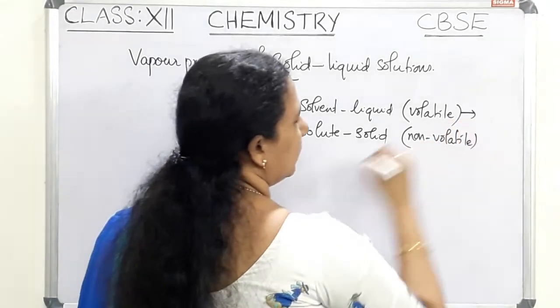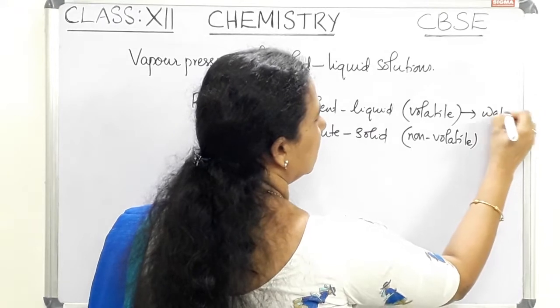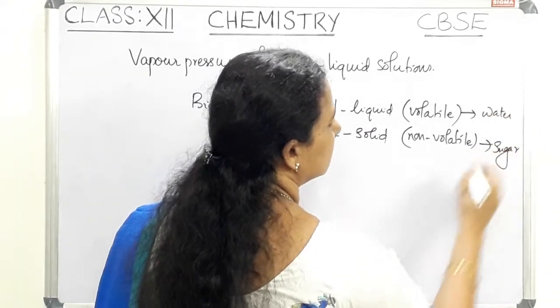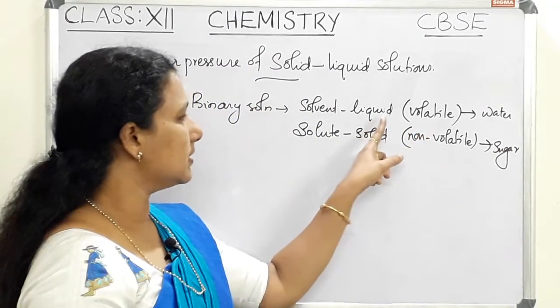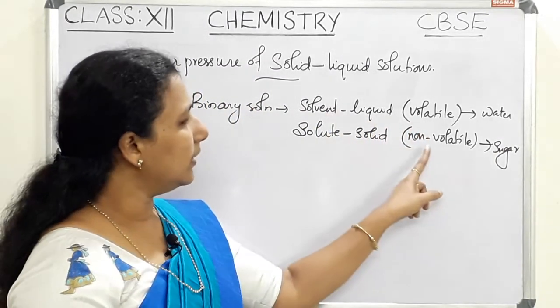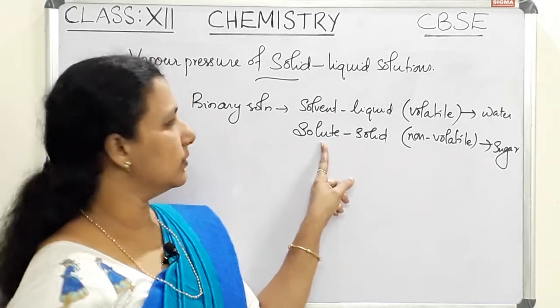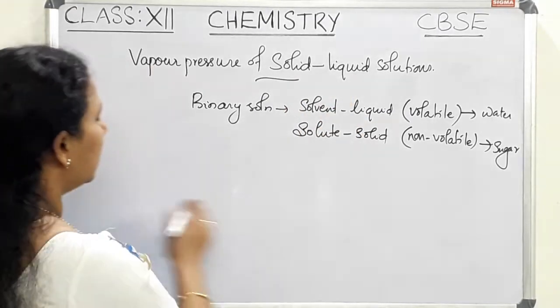For example, this solvent may be water and this may be sugar. So this is a volatile component, that is the solvent, and a non-volatile component, that is a solid, that is the solute. So this is an example of a solid liquid solution in a closed container.